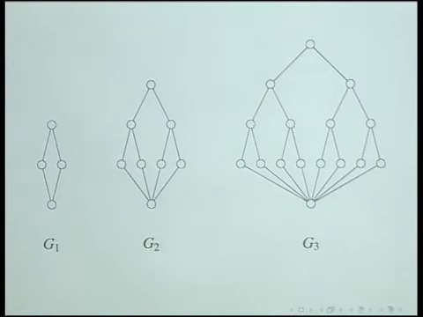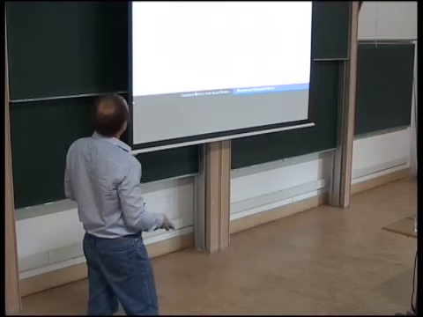This is a family of series parallel graphs, because if this and this are the terminals, then it's clear that this is K2 series K2 parallel K2 series K2, and G2 is just this series K2 parallel itself, and G3 is just G2 series K2 parallel itself. Okay, so this is a family of graphs.